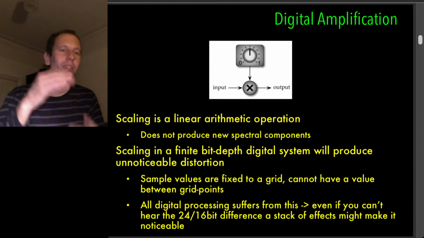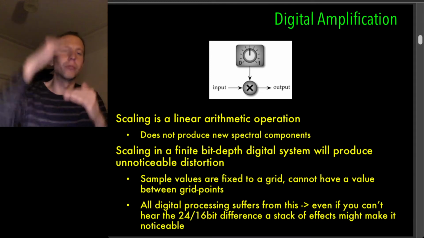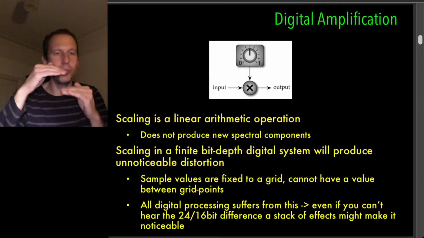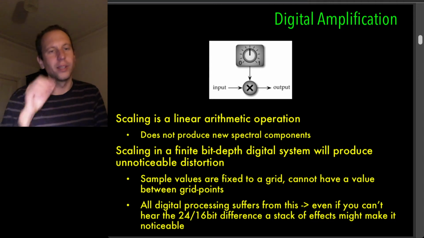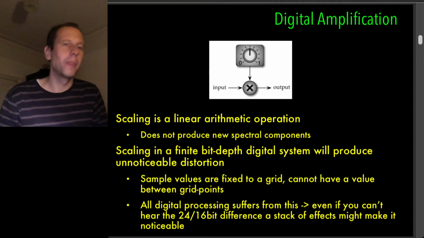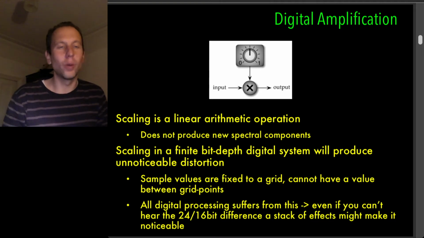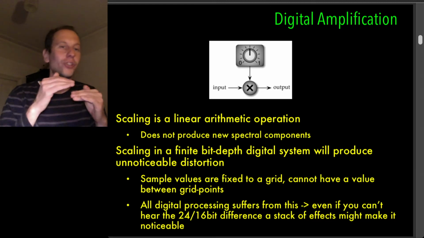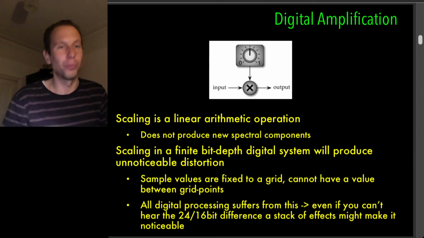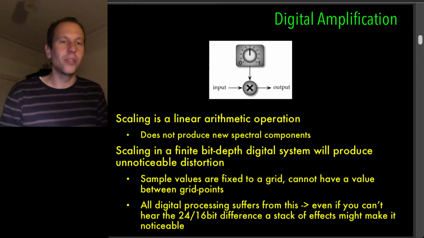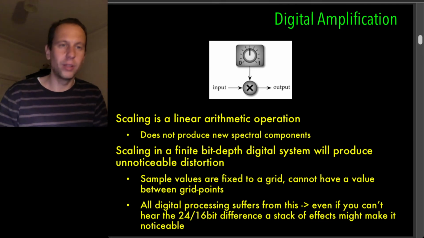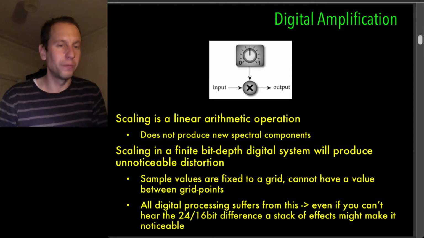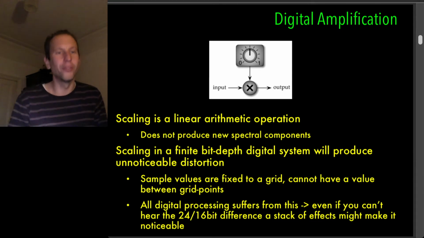So if you imagine a signal and you try to amplify it, attenuate it, amplify it, attenuate it, each time you do this, the signal will want to ideally acquire values which are between the grid points. And each time it will be snapping to the grid points. So evidently, if this is a very fine grid, there's not much issue there, but if it's not, there could be.